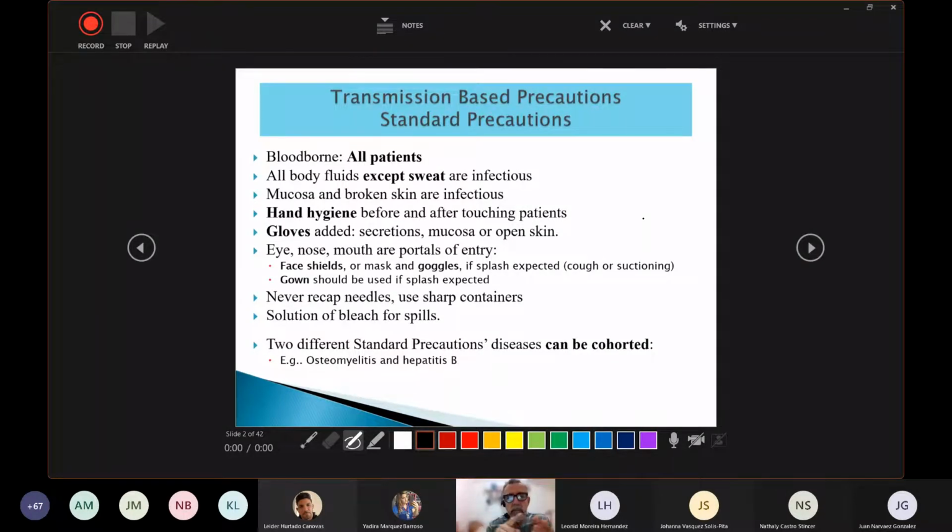You need to know that HIV, hepatitis B, and hepatitis C, and many others, are standard precaution. So you don't need to wear gloves to check the pulse of a patient with HIV, because you will never catch HIV checking the radial pulse of a client, touching his or her skin without gloves. You need to wash your hands, as I said, before and after, but there is no need to wear gloves.